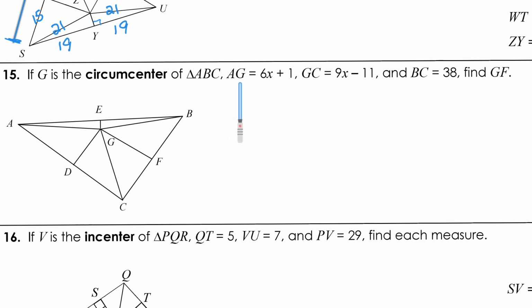We've got AG and GC, here's AG and here's GC, and since we're talking about circumcenter, that is an isosceles triangle. So those sides are congruent, and if they're congruent, then we would set them equal to each other. So let's go ahead and solve.